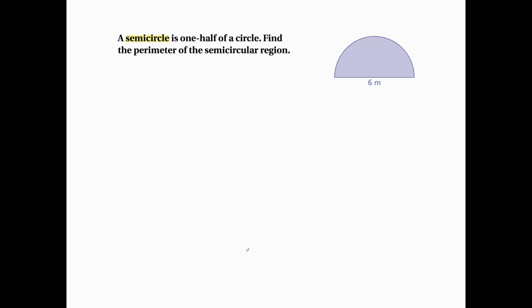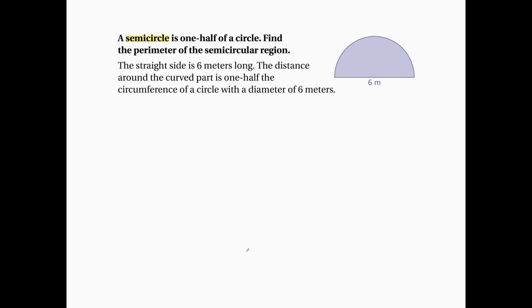All right, we talked about a semicircle. We want to find the perimeter of that. So the straight side, the distance from here to here, is 6 meters, okay? The distance around the curved part is half the circumference of a circle.